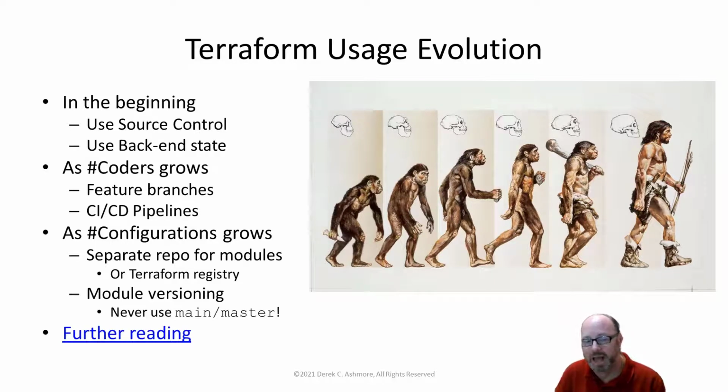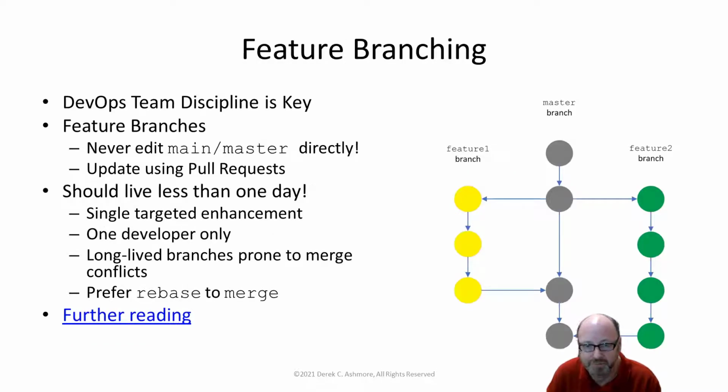So at some point you end up with a separate repo for modules instead of doing something local, or you use the Terraform registry, one of the two. And we implement module versioning. For any module that we refer to in a configuration, we never default to main. We never use main or master. We explicitly specify versions. We're going to talk about that.